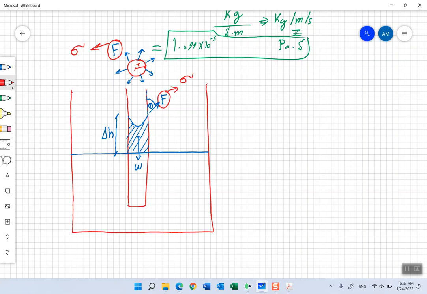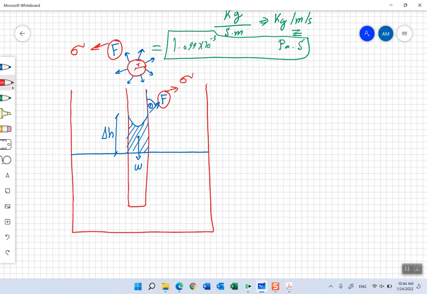Okay, the first thing we should understand is that the force that is pulling up this column of water is the force that you are interested in. So if I was able to get the weight of the fluid, this weight will equal this force, right?